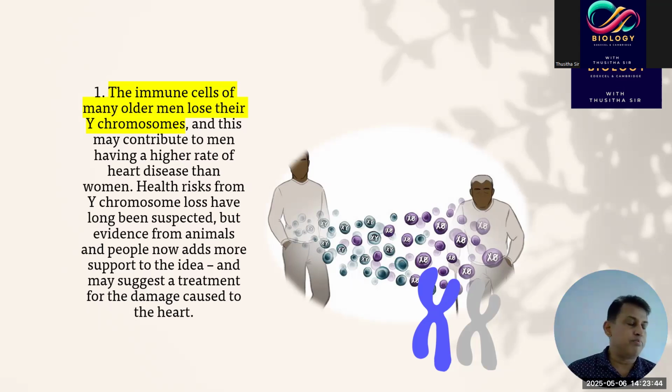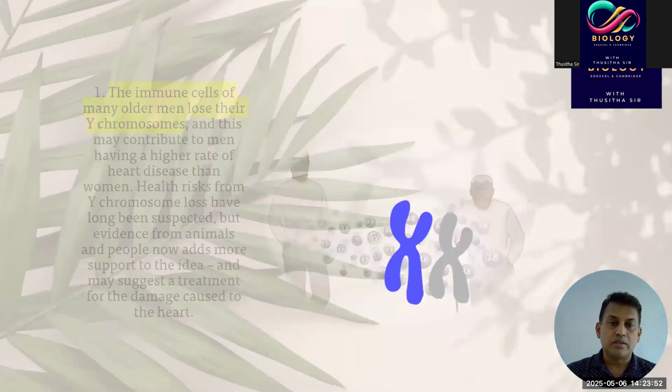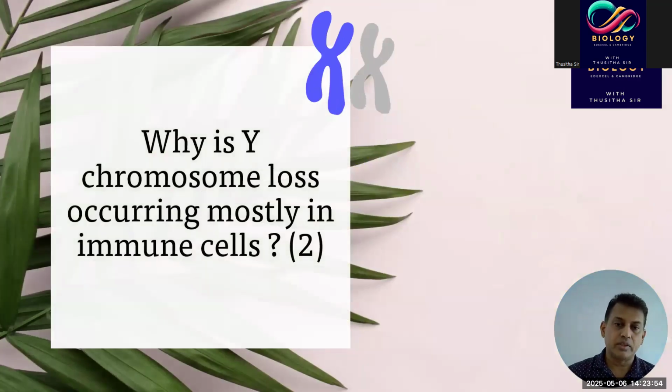Paragraph 1: the immune cells of many older men lose their Y chromosome. First question: why is Y chromosome loss occurring mostly in immune cells?